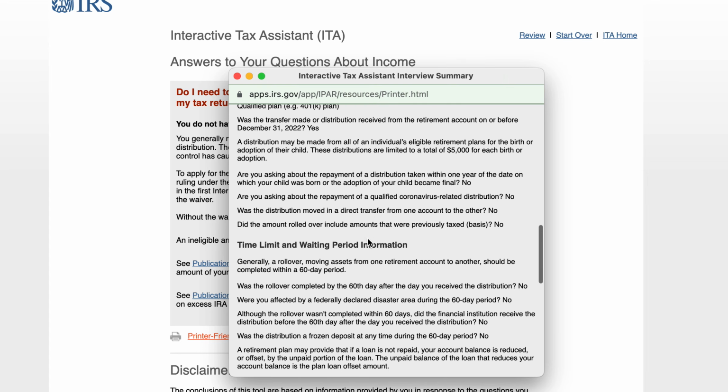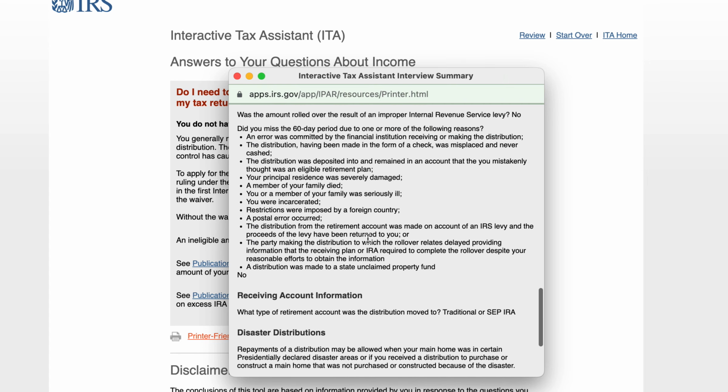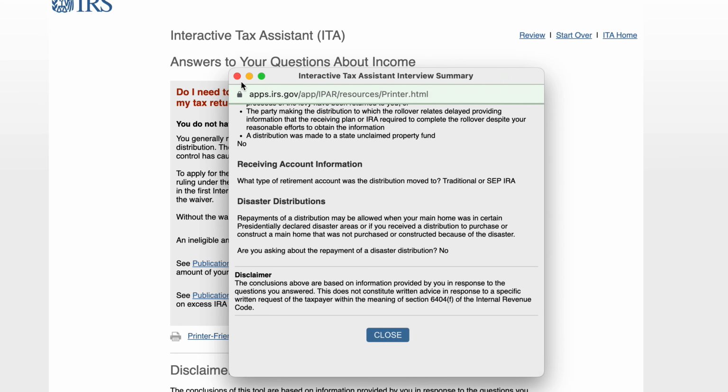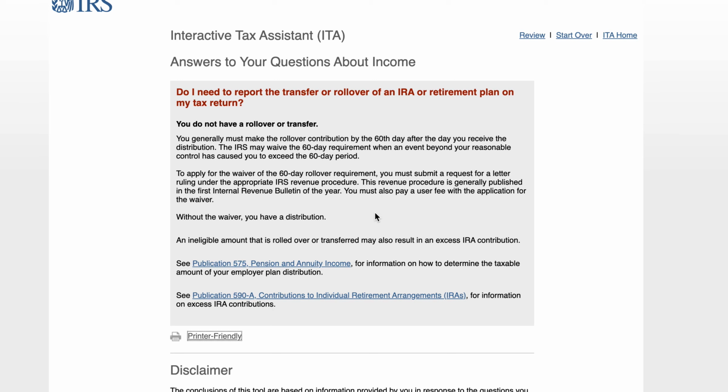It looks like you have to hit the printer friendly version to get all the questions that they asked and you answered. So I like this format because it still has this information, but then it seems to have a little bit more detail on what you did, what you have to do now that you've given these answers.